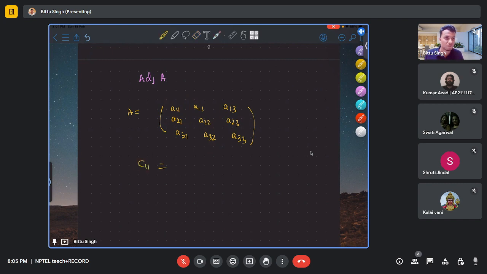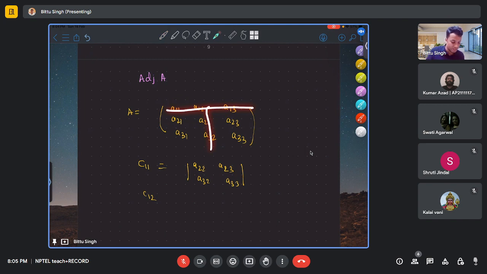it is same as deleting first row and first column, that is the determinant of A22, A23, and so on. Similarly, C12, you just delete first row and second column.